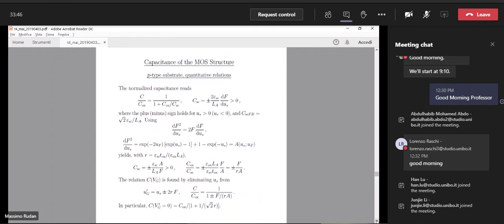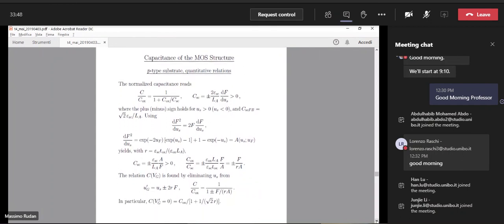You remember that we calculated the capacitance per unit area of the MOS capacitor. And we found that it is the series of two capacitances. One is the oxide capacitance per unit area that is constant. And the other one is the capacitance per unit area of the semiconductor.